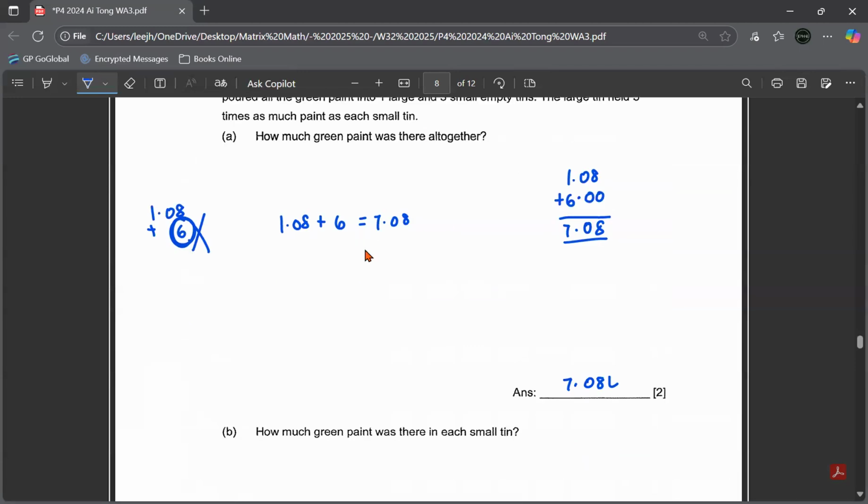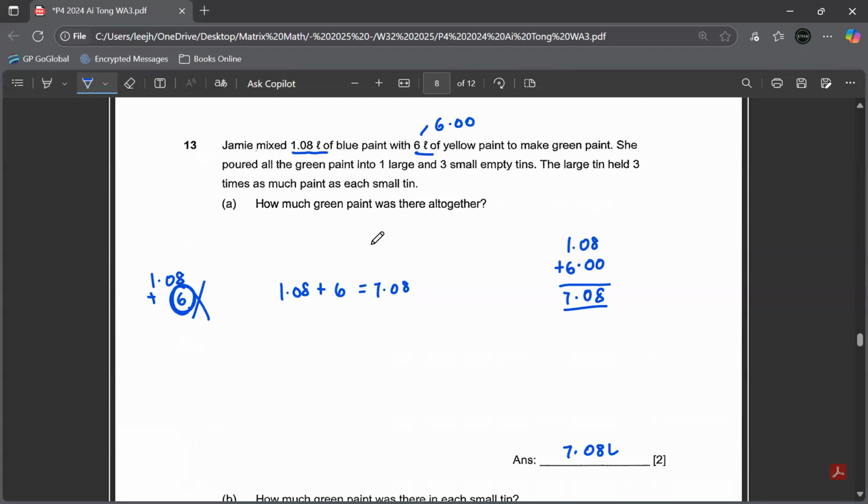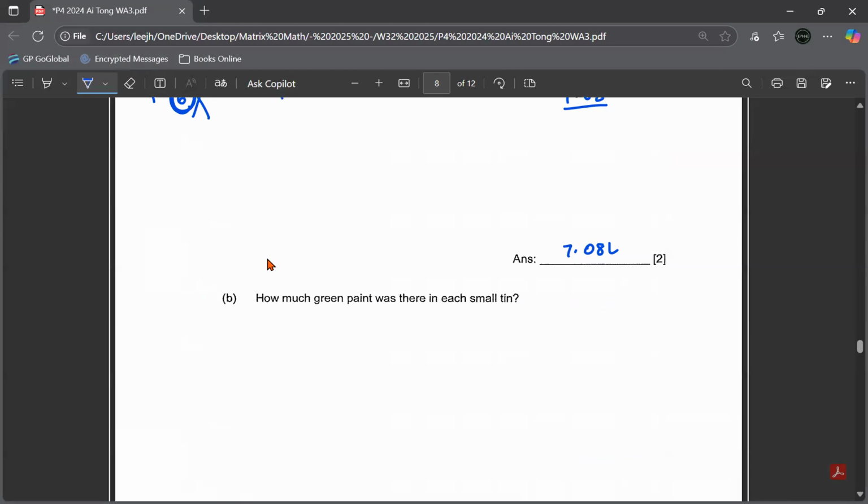But if you look at this, how much green paint was there in each small tin? So if you look over here, we know that the large tin has 3 times as much paint as the small one. So we got one large and 3 small. So I'm going to draw a stacking model. So one large, 3 small.